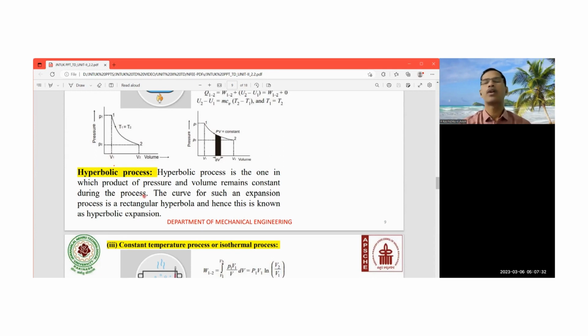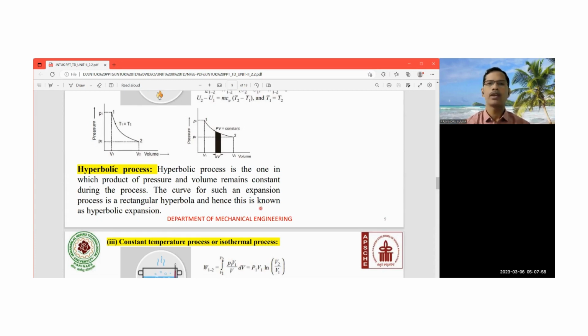Even in the quasi-static process, PV is equal to constant, and a quasi-static process is a process which occurs infinitely slowly. The curve for such an expansion process is a rectangular hyperbola, and hence this is known as hyperbolic expansion.